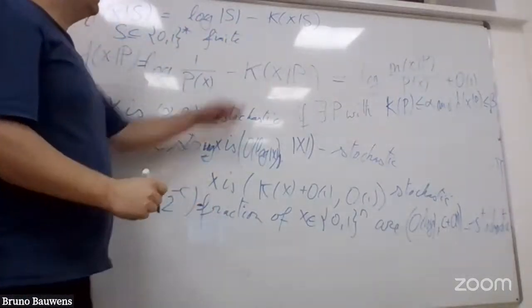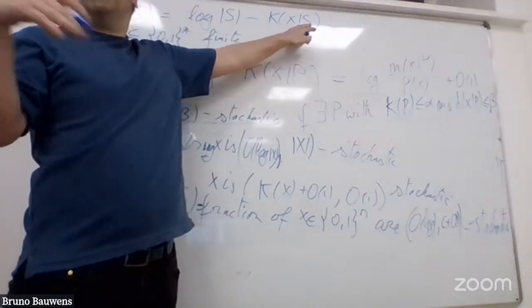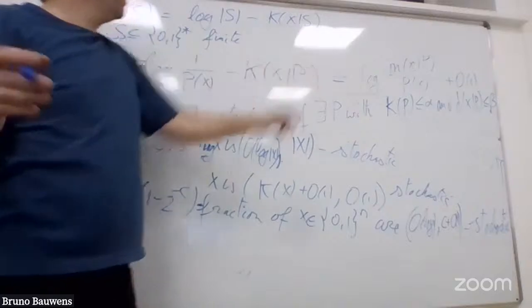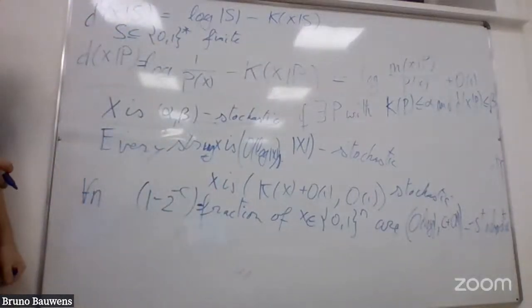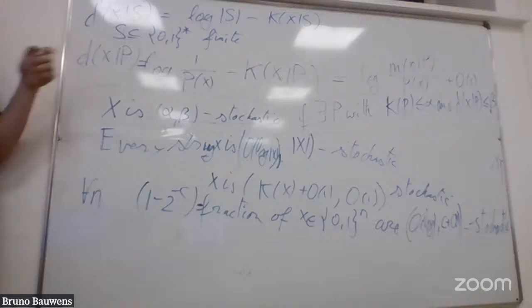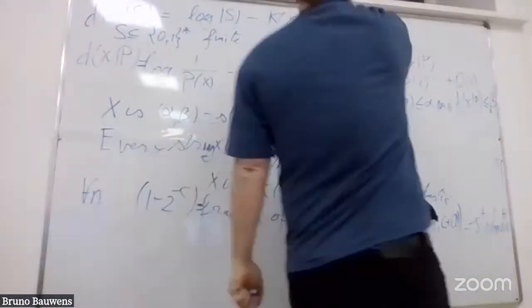A finite set can again be encoded as a string, just concatenating in a prefix way all the elements. Randomness deficiency with sets and with strings are the same up to a logarithmic term. Well, there is a lemma.